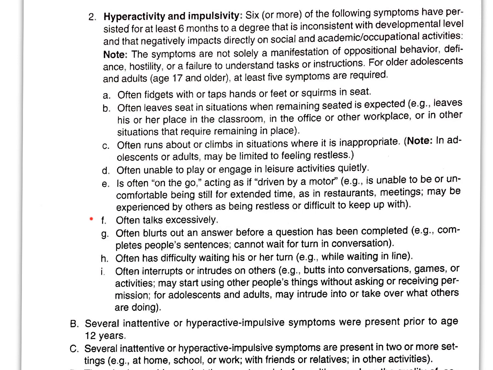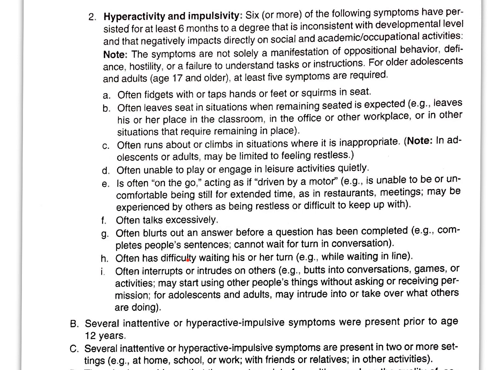F, often talks excessively. G, often blurts out an answer before a question has been completed. Might complete other people's sentences, can't really wait for their turn in conversation. So this is a nod to behavior being impulsive as well, not just perhaps the hyperactivity that we see in these points, but impulsivity is another strong characteristic of this type.